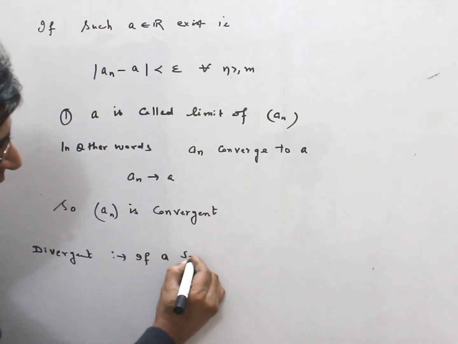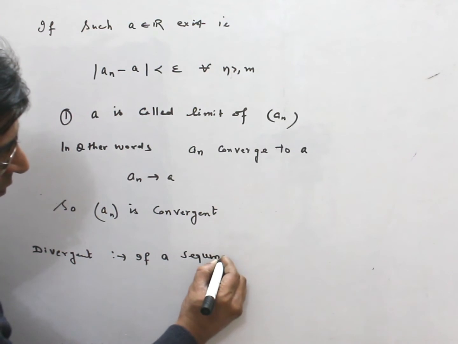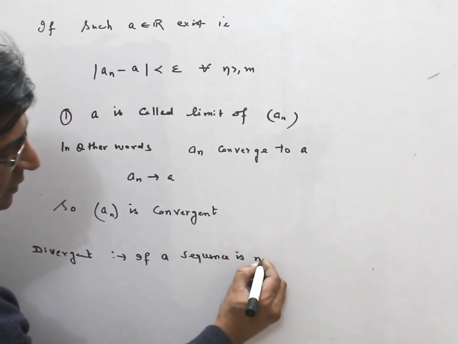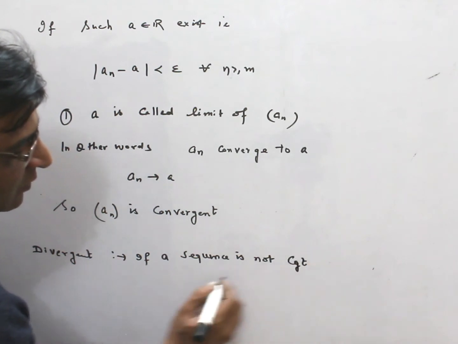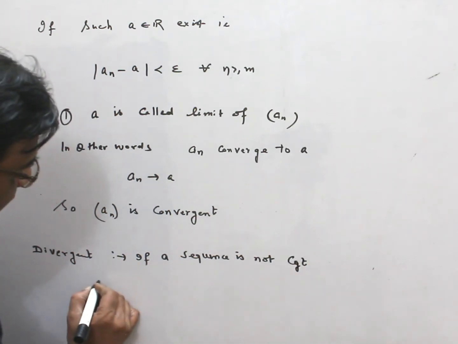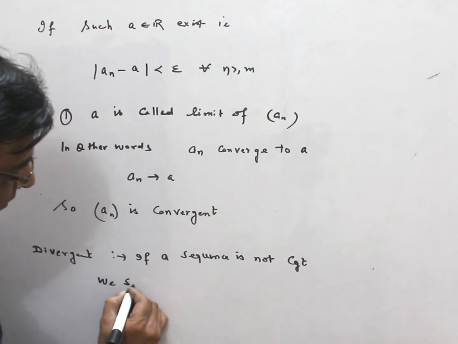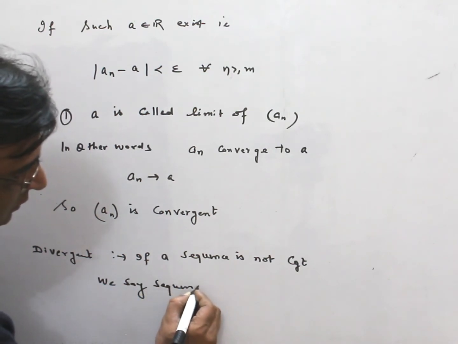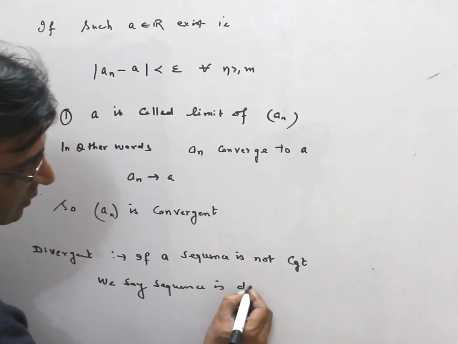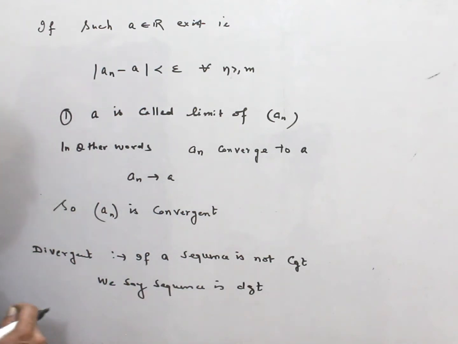If a sequence is not convergent, we say the sequence is divergent.